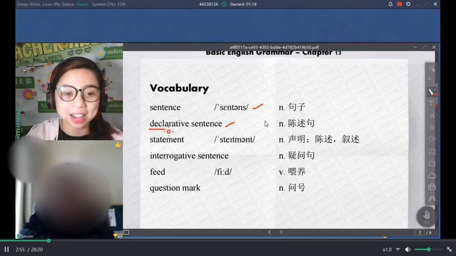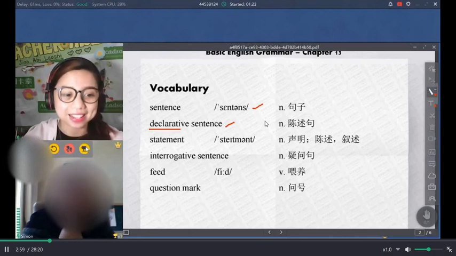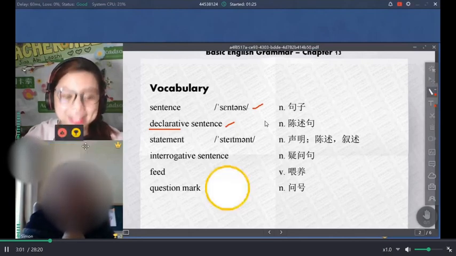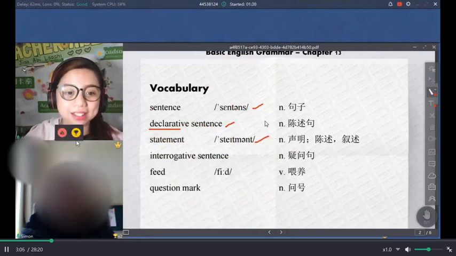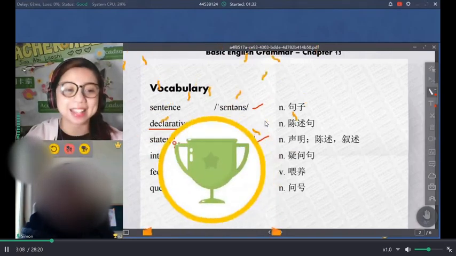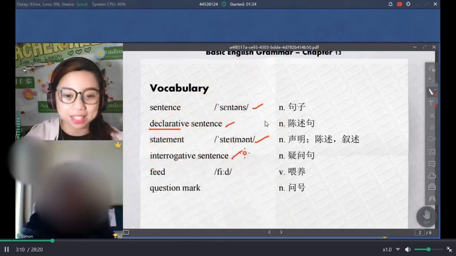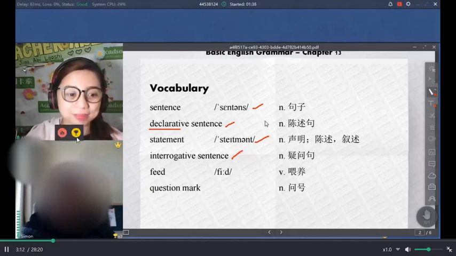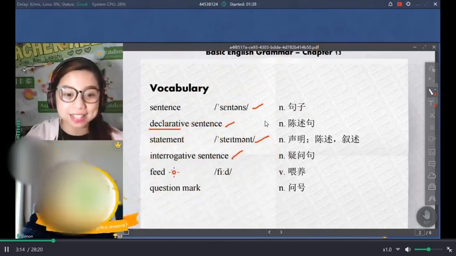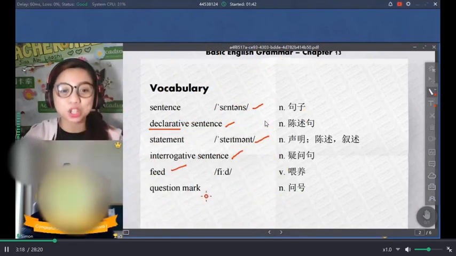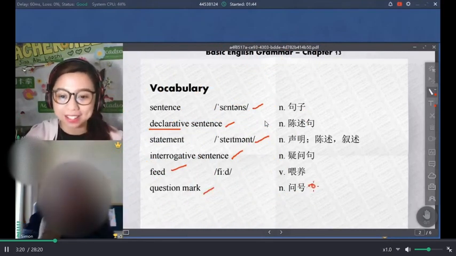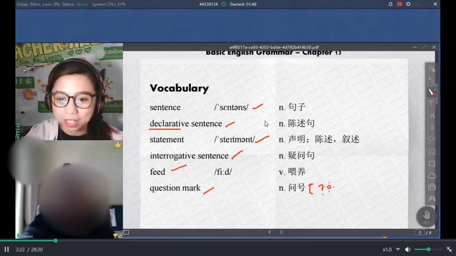Statement. Interrogative sentence. Question mark.